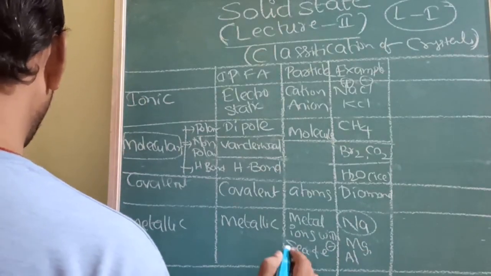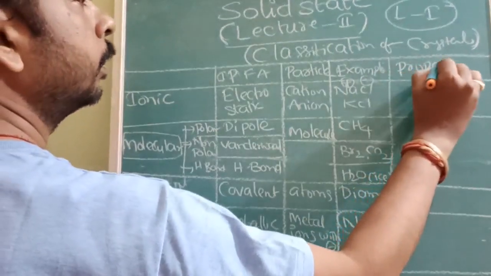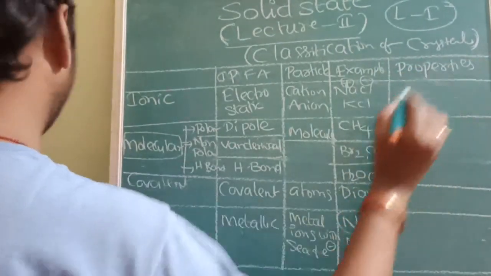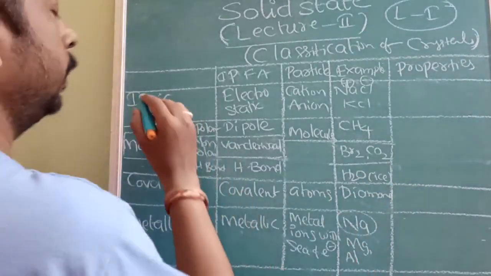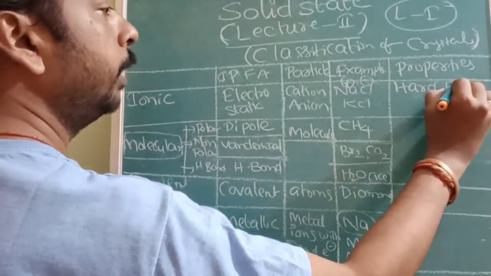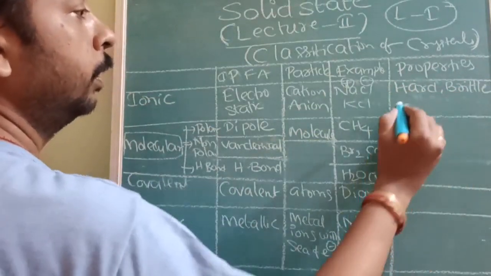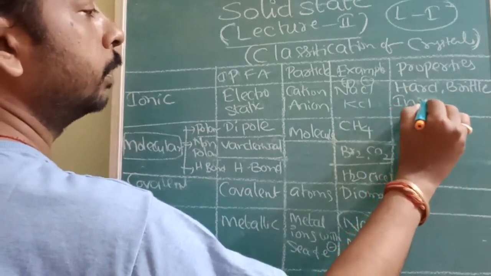Next, properties. The main thing is the properties. First, these ionic solids are hard but brittle. Brittle means they break into powder, and they are insulators.